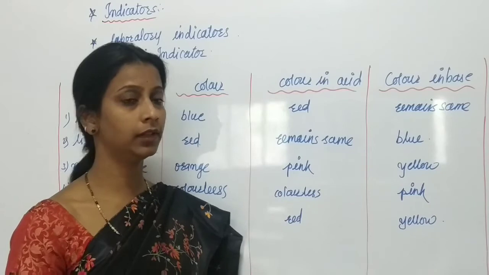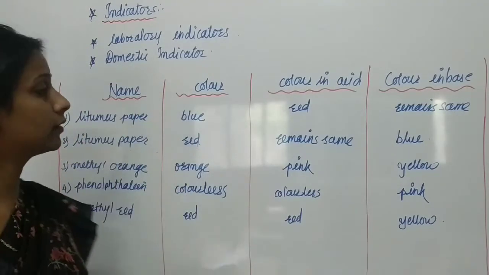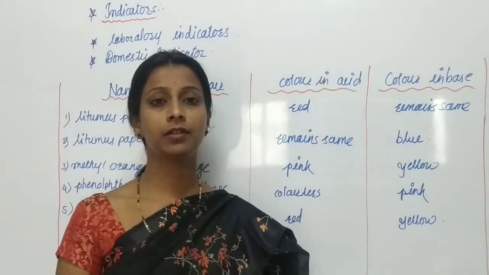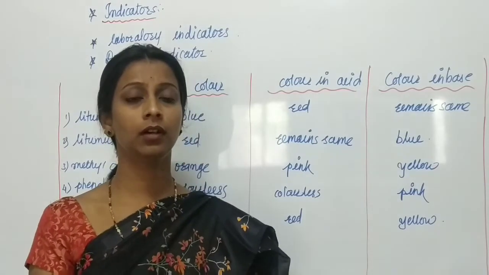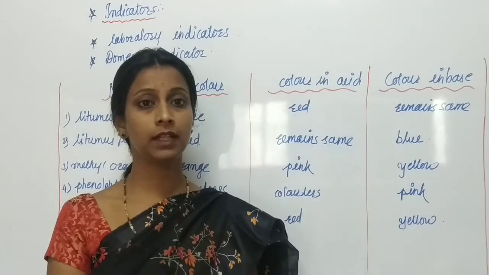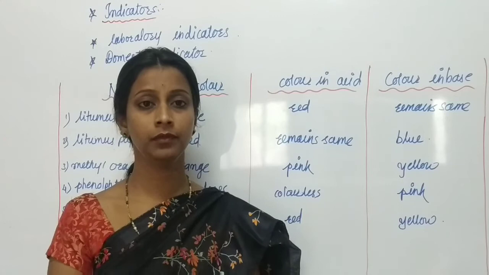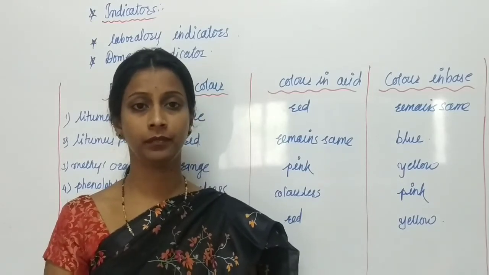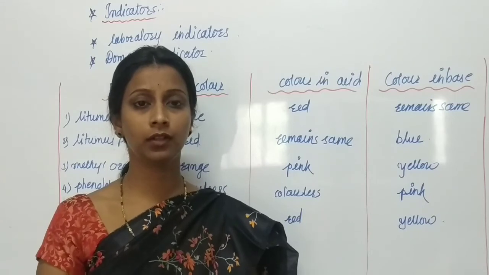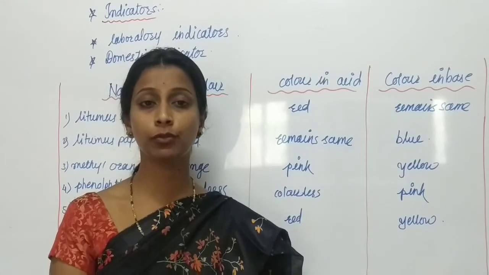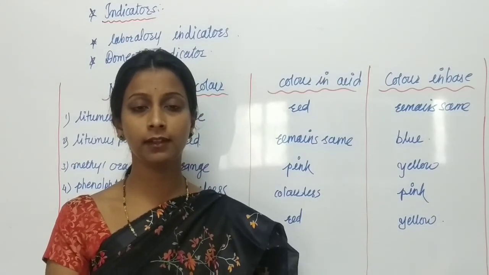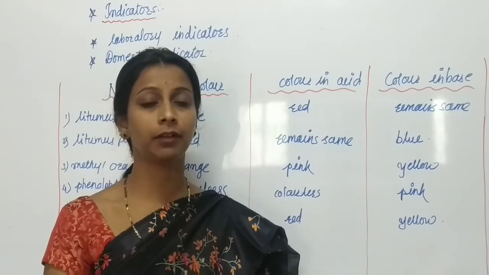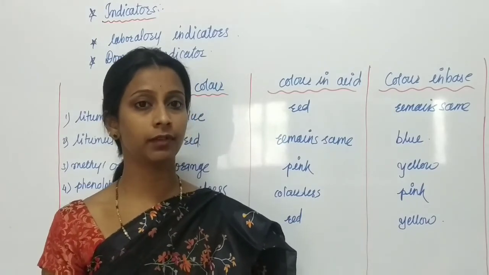You should read it. Next, domestic indicators. In our kitchen, some yellow stain-causing food is present, for example, turmeric. Turmeric is yellow in color. When turmeric comes in contact with soap, it becomes red.